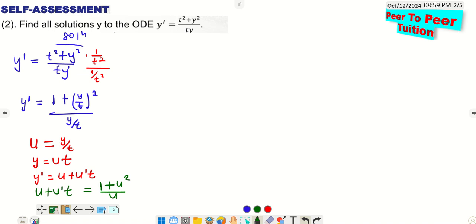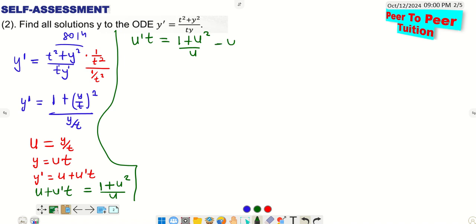So let me write it down again. From here, I need to bring this u to the right hand side. So I have u prime t should be equal to 1 plus u squared all over u, then minus u.